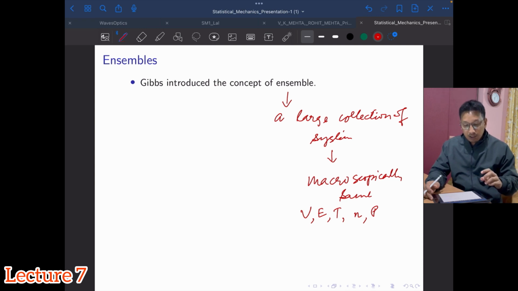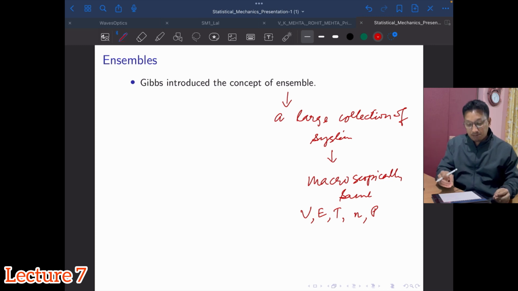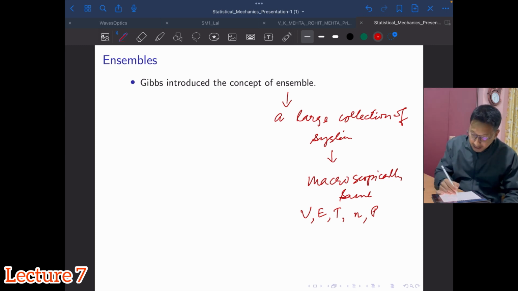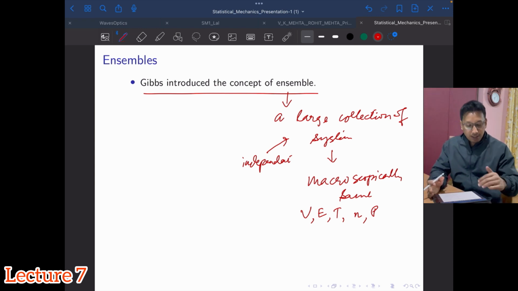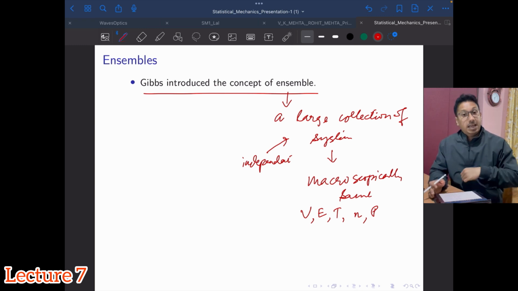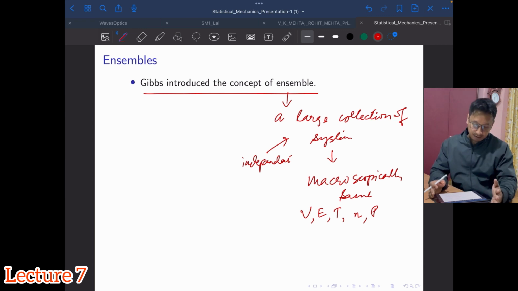These systems, this large collection, are essentially independent systems. To deal with such a huge number of systems, scientists have introduced the ensemble. So an ensemble means a large collection of essentially independent systems which are macroscopically identical.